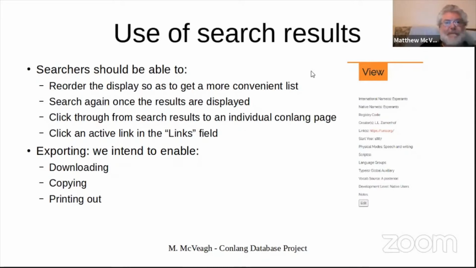Regarding exporting, we want to enable copying, obviously, to download the results, to download potentially the whole database, and to enable people to print it out usefully. All of these things are yet to be implemented properly, but we're just starting.